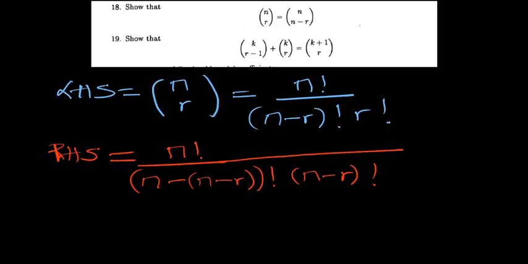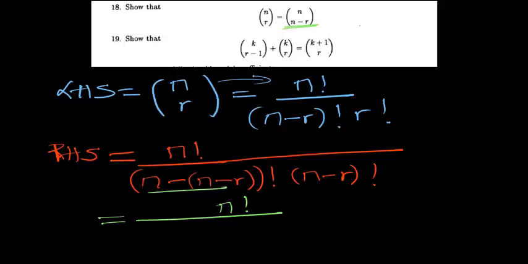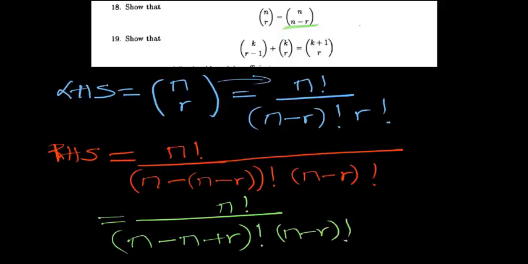Remember this is the formula, so where there is r, now we've got n minus r for the right hand side. We've got n factorial on top. Now let's first of all distribute the negative here, so we have n minus n plus r in the brackets, factorial, and then n minus r factorial as well.